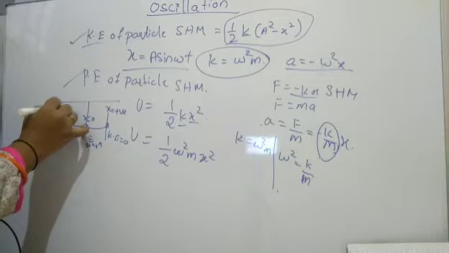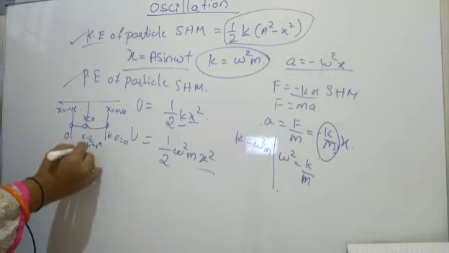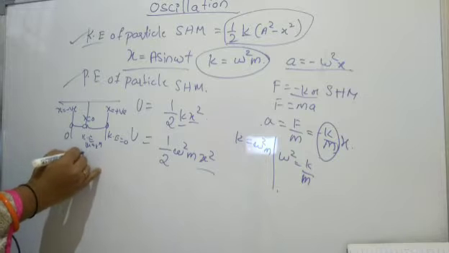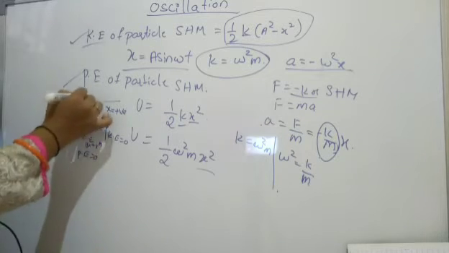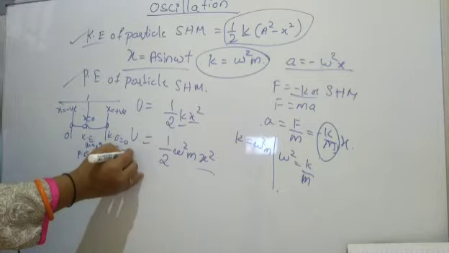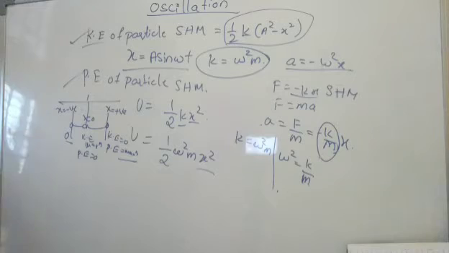Similarly, the potential energy is 0 at the mean position, and potential energy is a maximum at the extreme position.